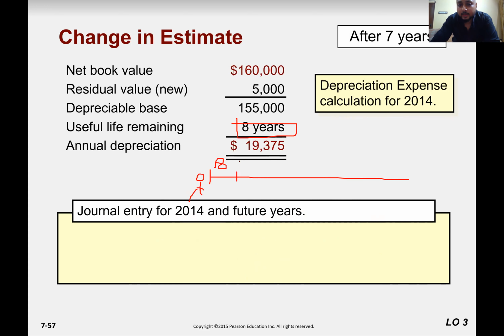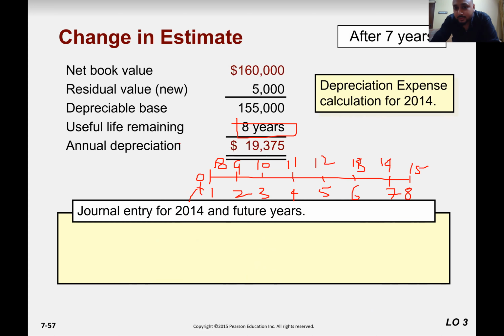So you are at 8 year, and now they have increased from 8 to 15. So 8, 9, 10, 11, 12, 13, 14, and 15. So you start from here, 1, 2, 3, 4, 5, 6, 7, 8.